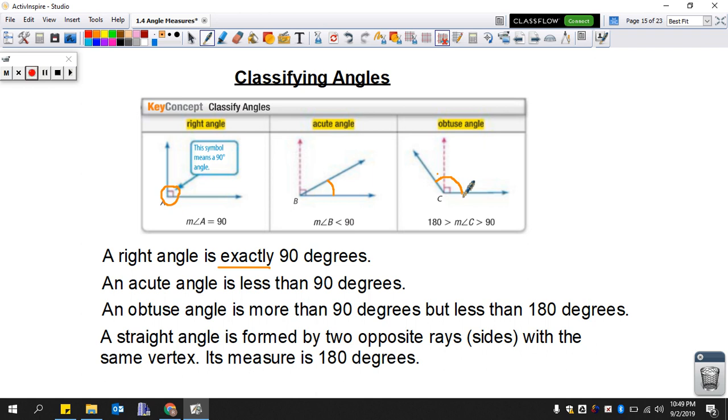A 180 degree angle would be a straight angle, or a straight line, and it's formed by having two rays that go in opposite directions with the same vertex. So a straight line is 180 degrees.